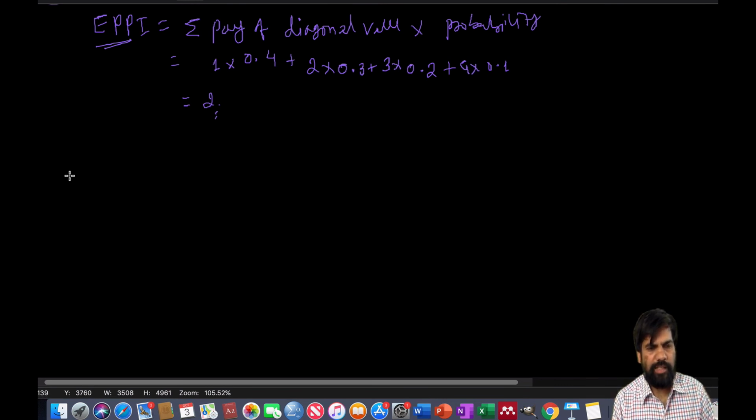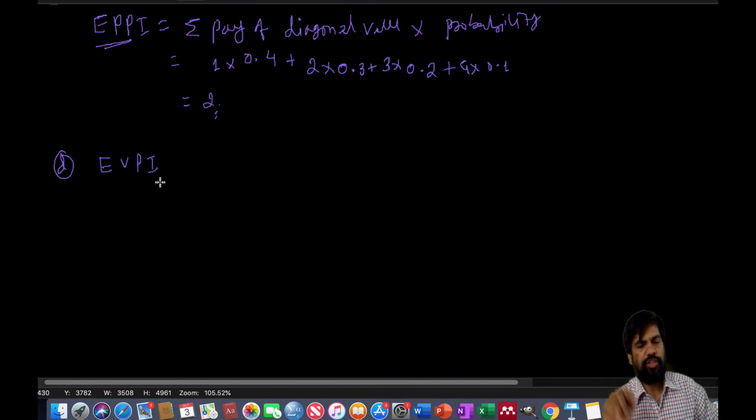Now the last decision we have to make is EVPI, the expected value of perfect information. That is also called the cost of uncertainty.